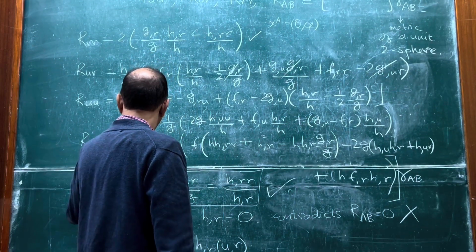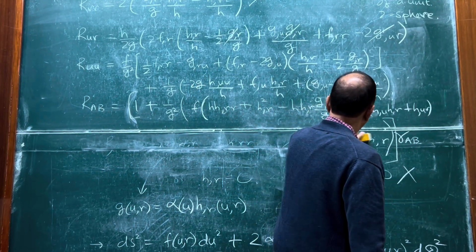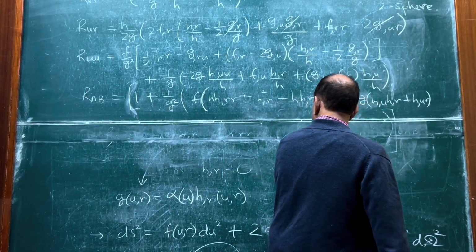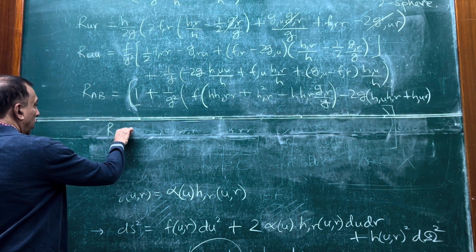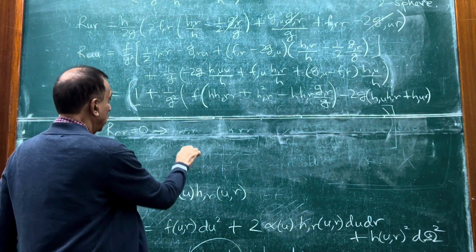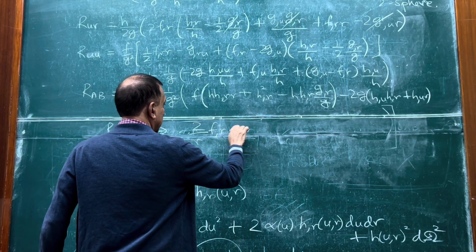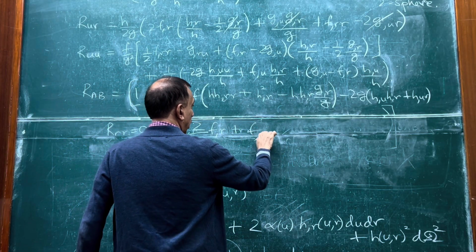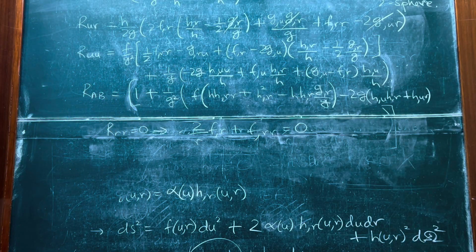Yeah, I can do it here. So R_rr equals 0 is 2 upon r f comma r plus f comma rr equals 0. Those are the only terms which survive from that.